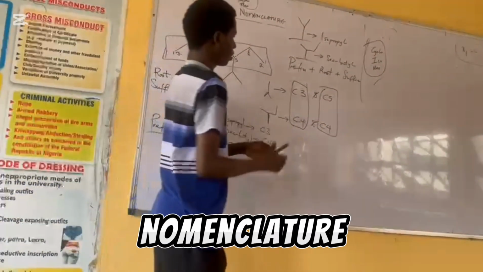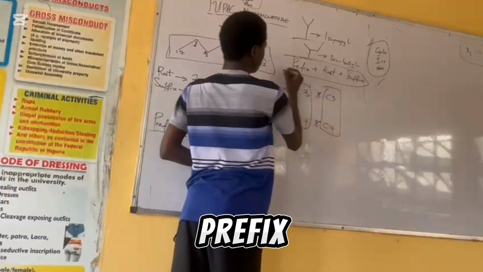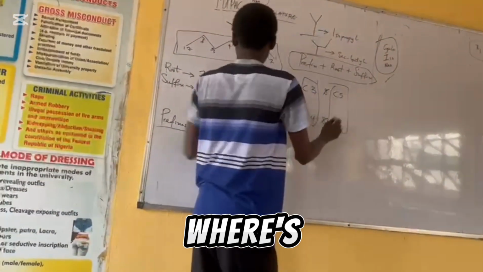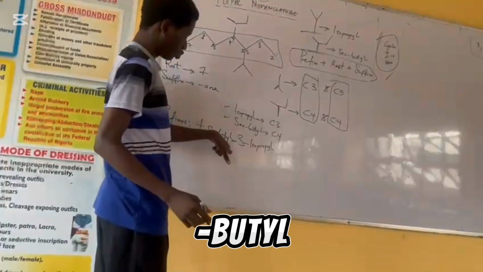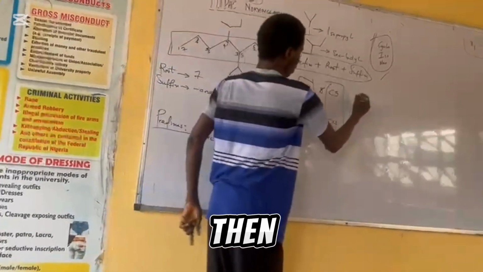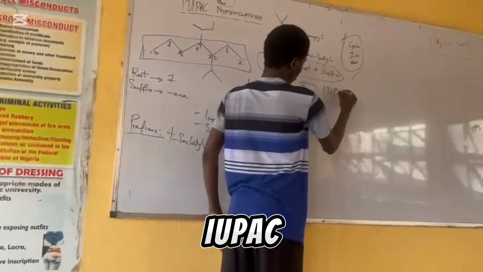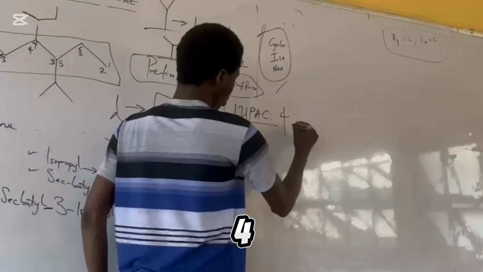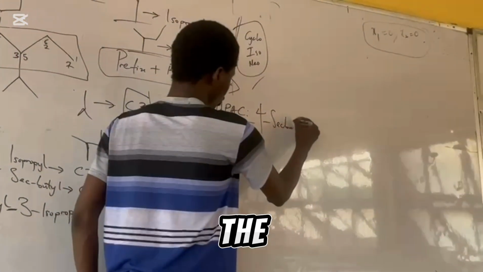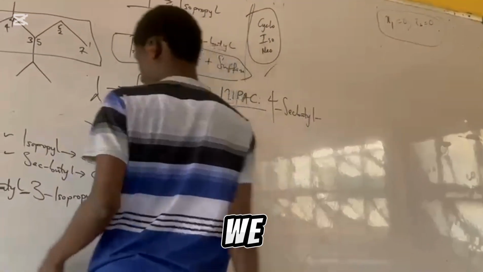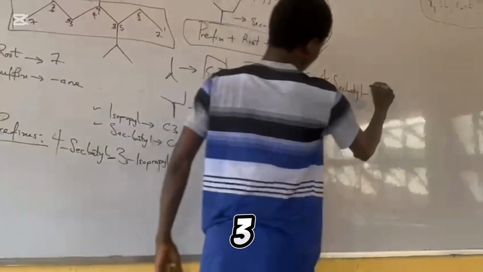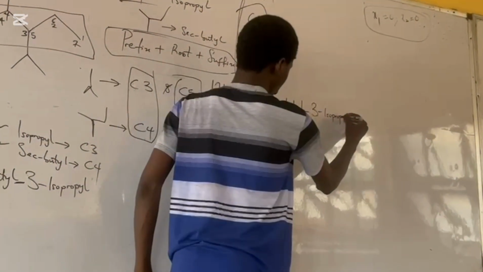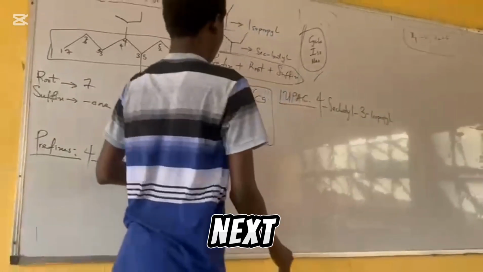We know that IUPAC nomenclature is just prefix plus root plus suffix. We just have to write, where's our prefix here? 4-sec-butyl, 3-isopropyl. So the IUPAC name starts with 4-sec-butyl, then we have -3-isopropyl.